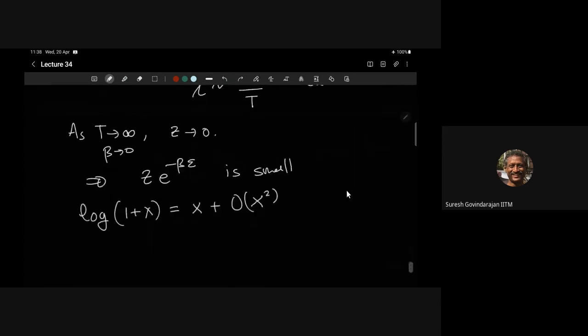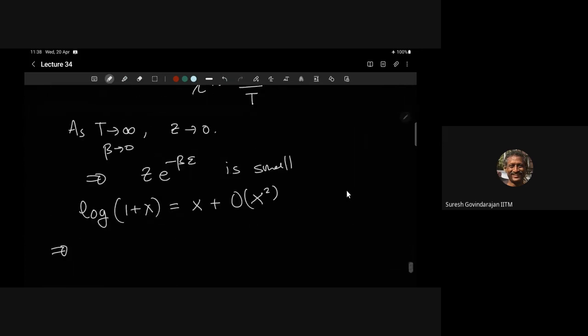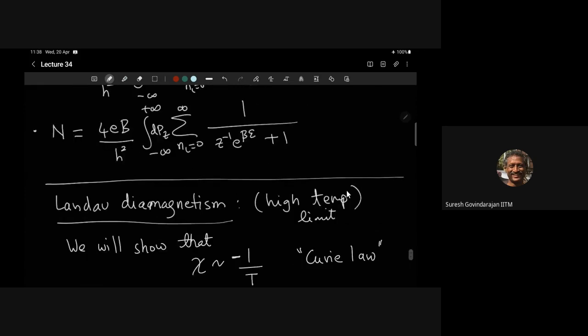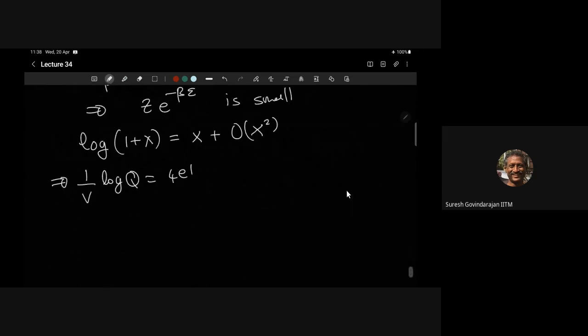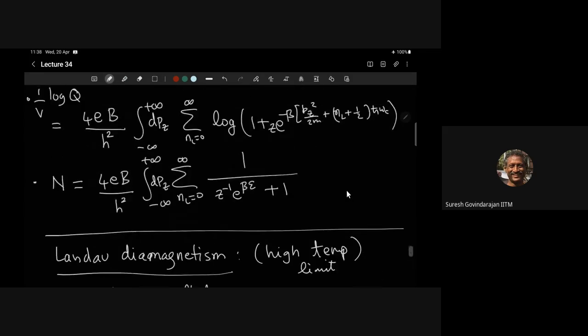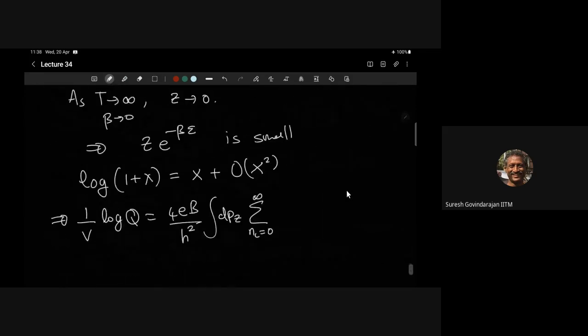So this implies that 1 by V log Q equals 4 mu B by h square, integral dpz, summation NL equal to 0 to infinity times this quantity, which is Z e power minus beta epsilon.